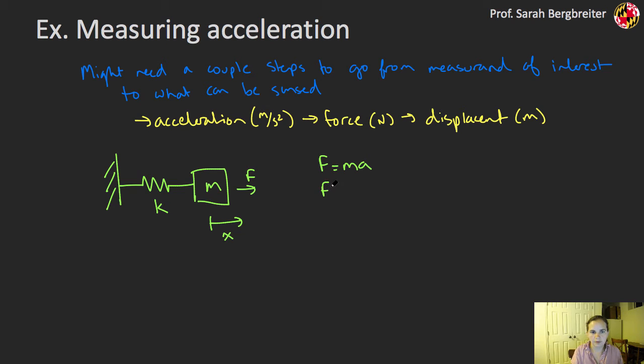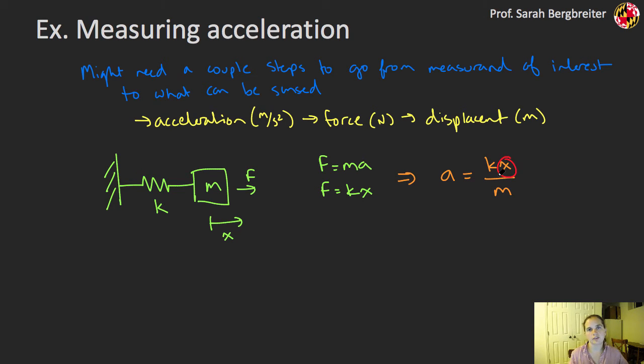I also know that F is kx for the spring, and with those two together, I can calculate my acceleration is going to be kx over m. So x is ultimately what I'm measuring, and k and m I assume are known, or perhaps I calibrate those particular constants.